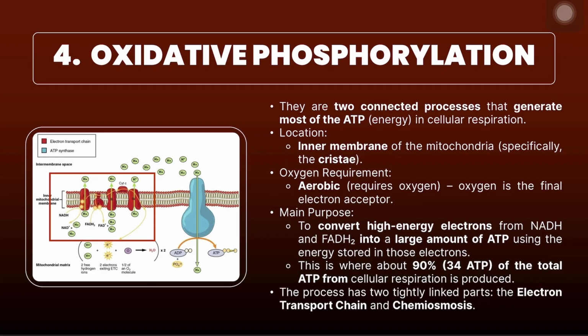The main purpose of oxidative phosphorylation is to convert the energy that is stored in NADH and FADH2. These are the electron carriers that were produced from glycolysis and the Krebs cycle a while ago, and they will be converted into a large amount of ATP.